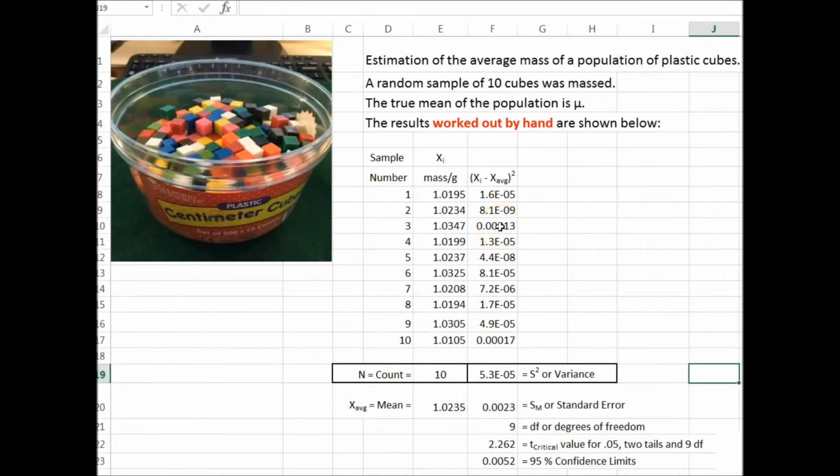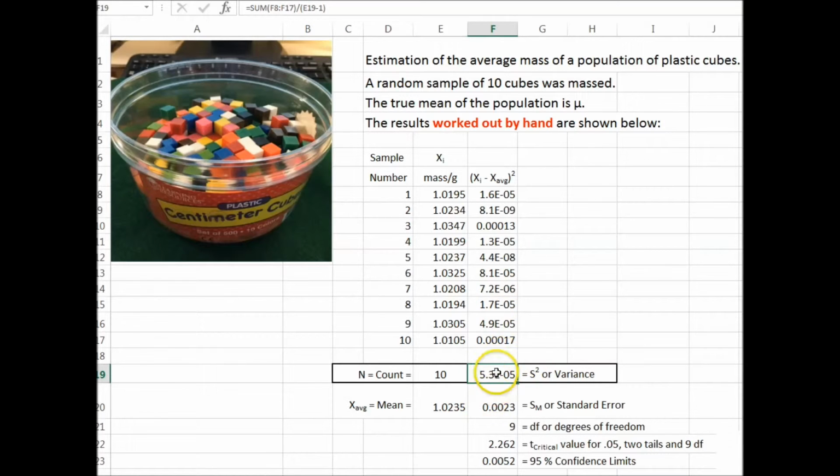Now, we're going to calculate the variance because we need that to get the confidence limit. Again, it's the difference between the individual values and the average, squared. Those are the individual differences squared. Add them up and divide by n minus 1, which is 9. That's the variance. There's our formula there from Excel.